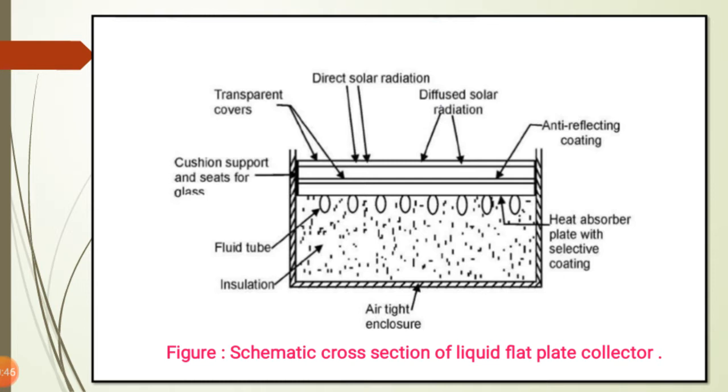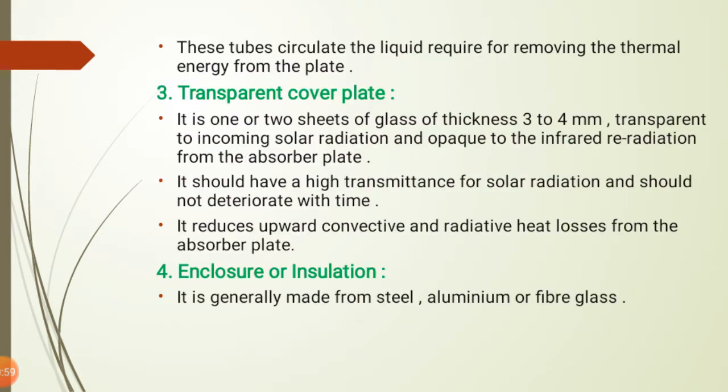But not all radiation is absorbed by the absorber plate; some radiation is re-emitted, that is the infrared radiation. This is known as the infrared re-radiation from the absorber plate, and this radiation is again absorbed by the transparent cover, as it is opaque to it.